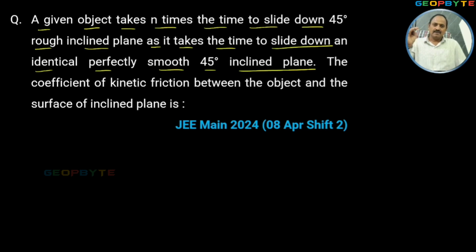By the time the body slides down the rough inclined plane, it takes n times the time required for sliding down the smooth inclined plane. But here, the condition is that the angle of the rough inclined plane and smooth inclined plane remains the same.